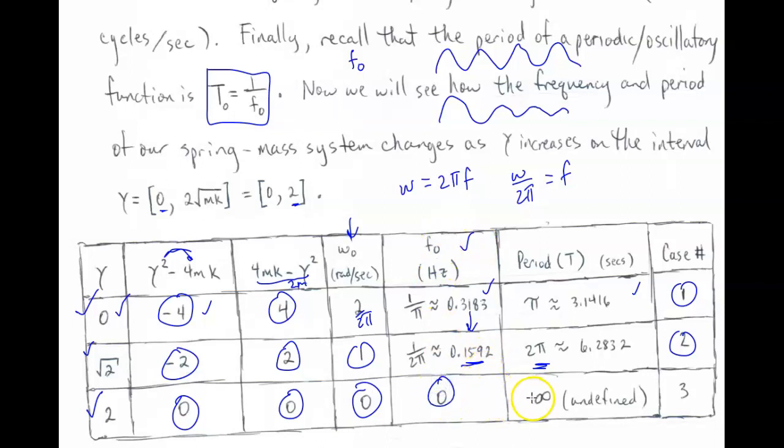The actual frequency is 0, and we know that the reciprocal of 0 doesn't exist, it's infinity. So that's basically saying that we never have an oscillation at all.